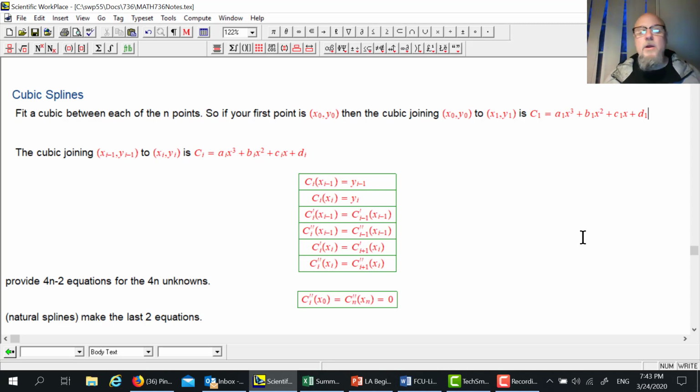All a cubic spline does is fit a cubic in between 2 points. So if we have a series of points, cubic splines are going to fit a cubic in between the 2 points, and it's going to use a different cubic for each pair of points. It seems really cheap to me.